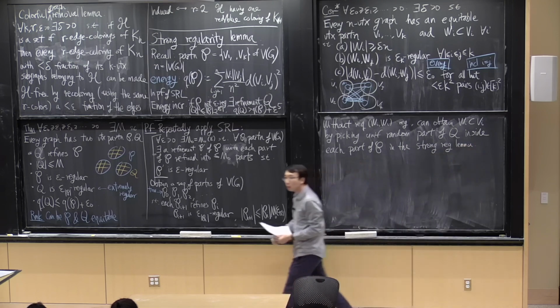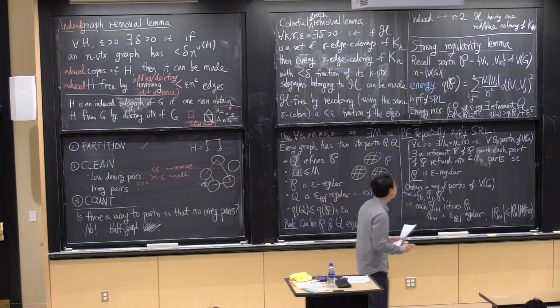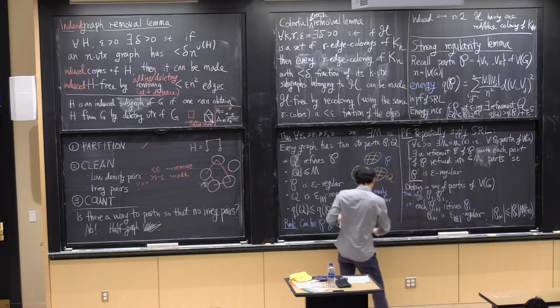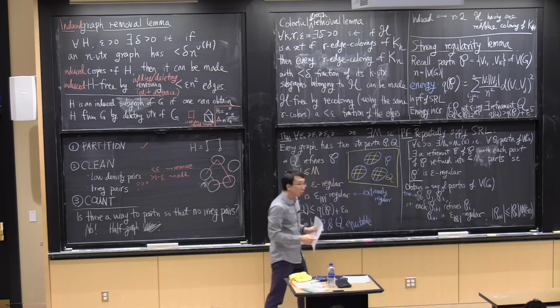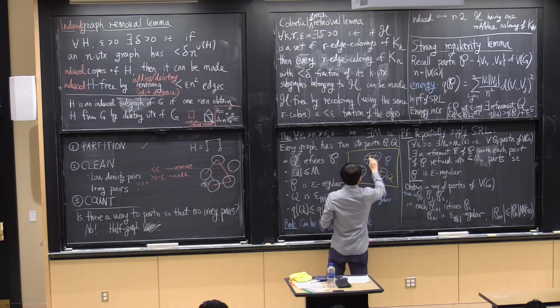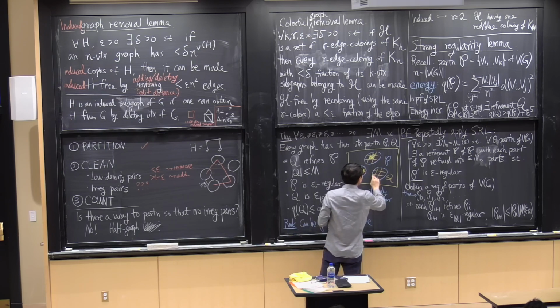So you have the strong regularity lemma, which produces for you a pair of partitions, like that. What we will do is pick one of these as my W, pick one of these at random, and pick one of those at random.